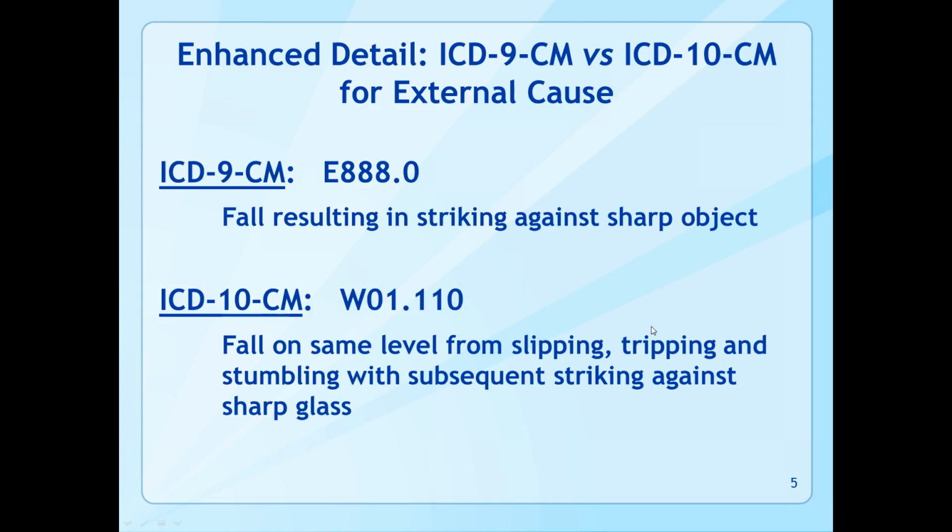It's not just a fall, but a fall from the same level from slipping, tripping, and stumbling. And rather than simply striking against a sharp object, the sharp object is specifically described as glass. In this example, you can also see how the code structure has changed, with 6 characters now in the ICD-10-CM code, where there are only 4 characters in the ICD-9-CM code.